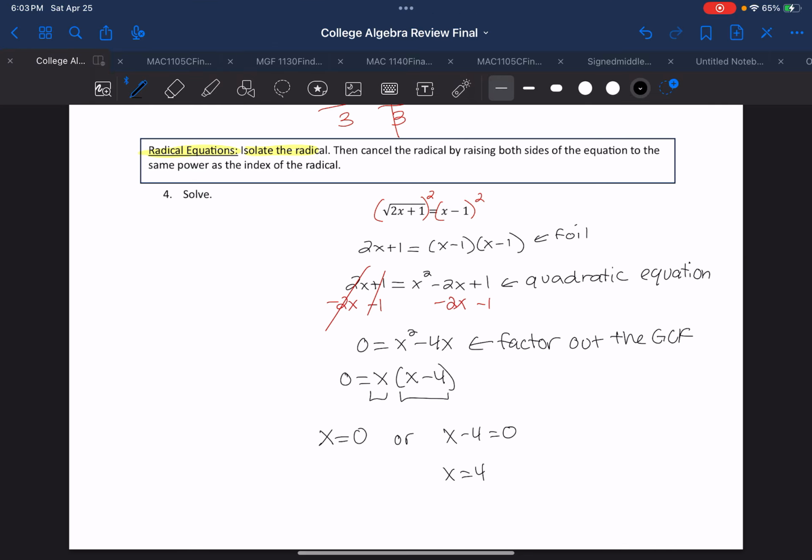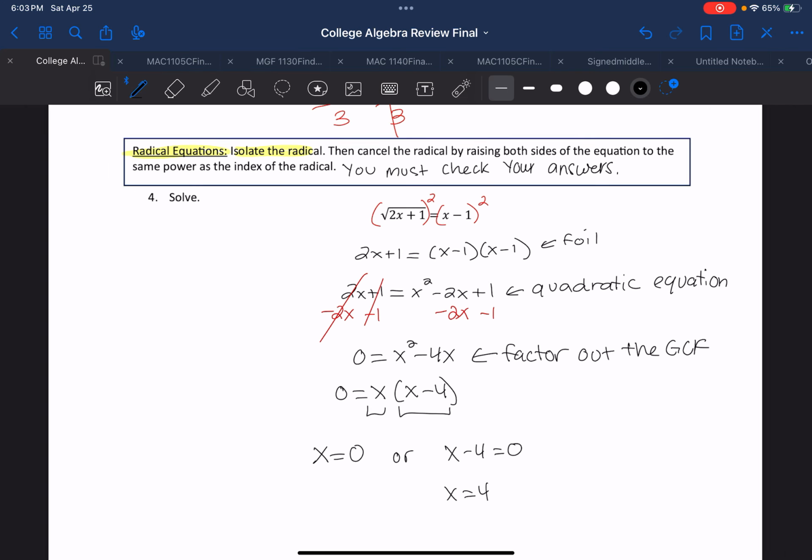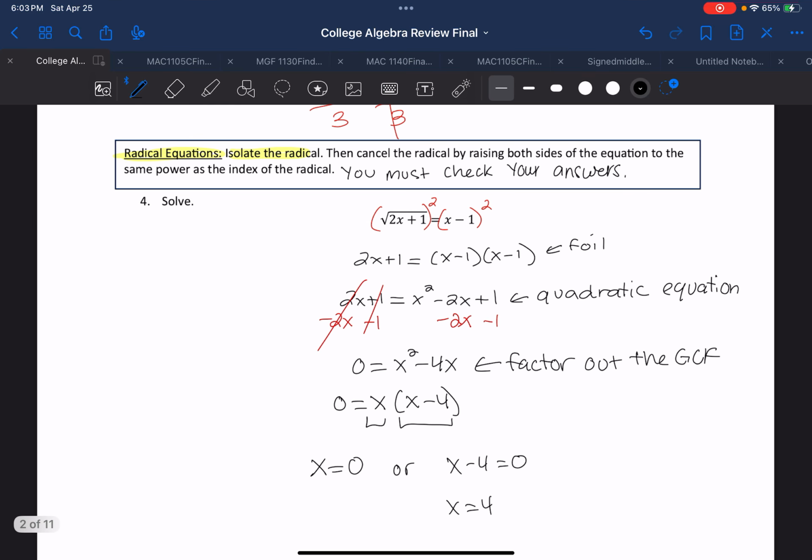Okay, and then I guess I forgot to put it up here, but you also have to check these equations. You must check your answers. So the restriction on radical equations is that the expression underneath the radical cannot be negative.